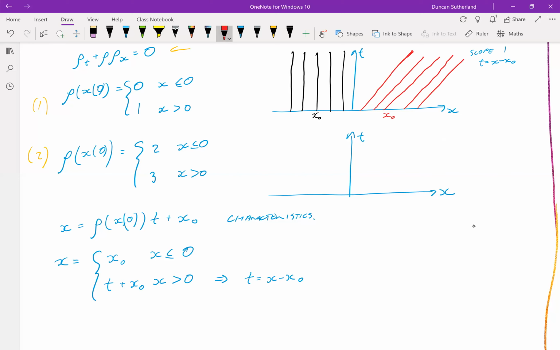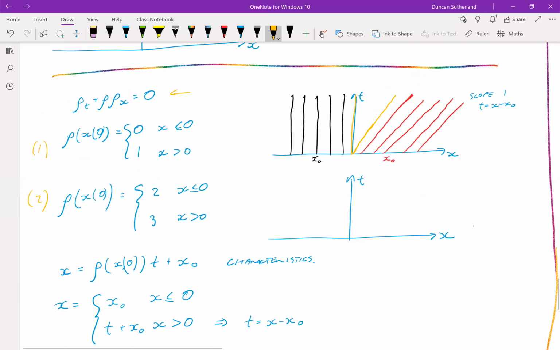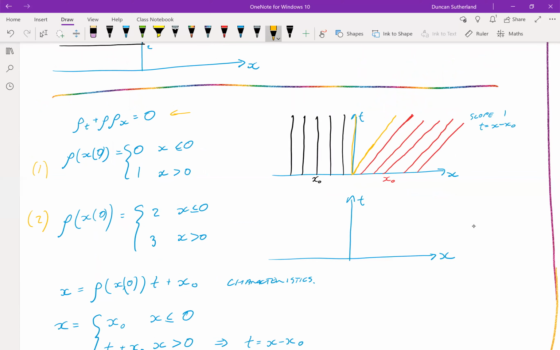There are obviously two critical characteristics here, the ones that divide the domain up. We've got one there, and one there, right? That's the one just to the right and just to the left of the origin. Really, we can write in what these lines are. This line is t equals x, and this is x equals 0, right?